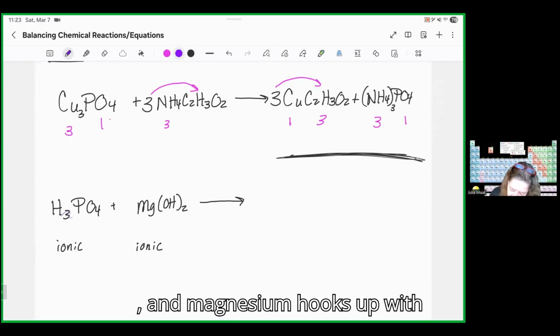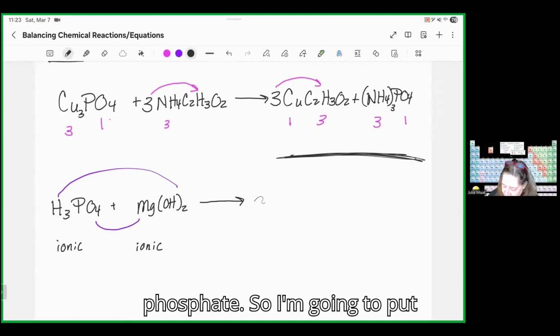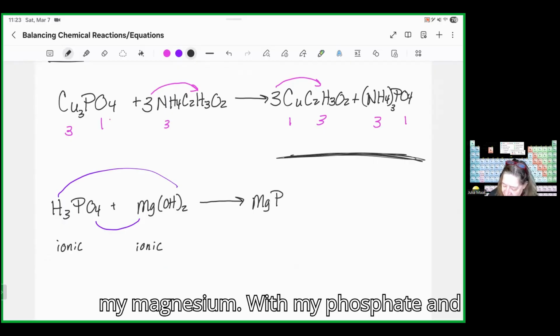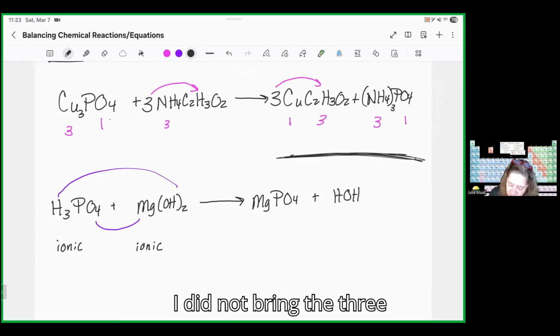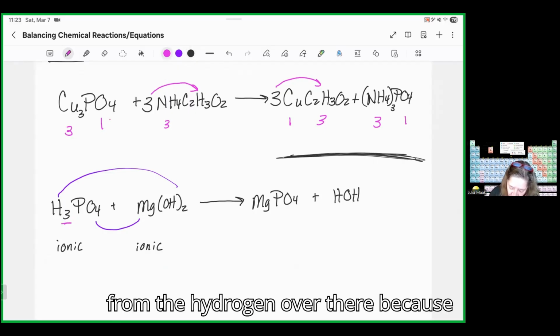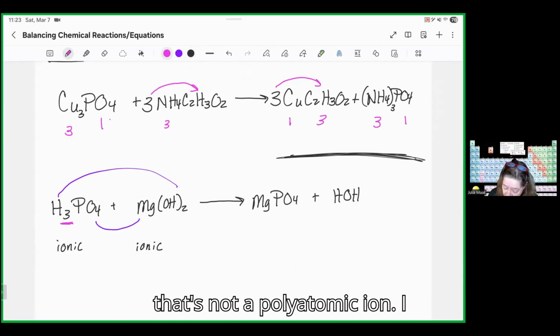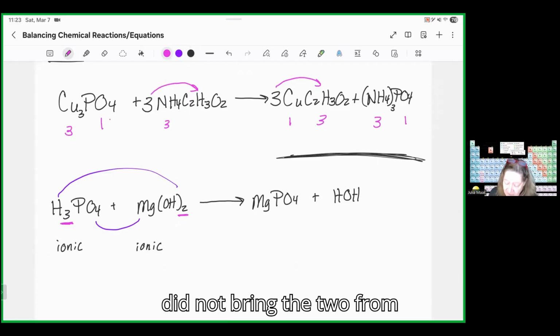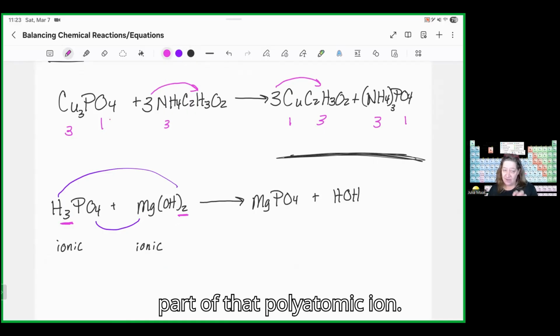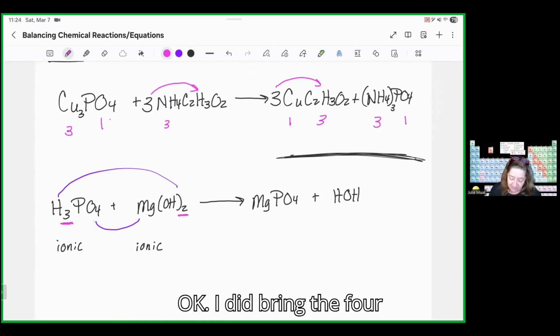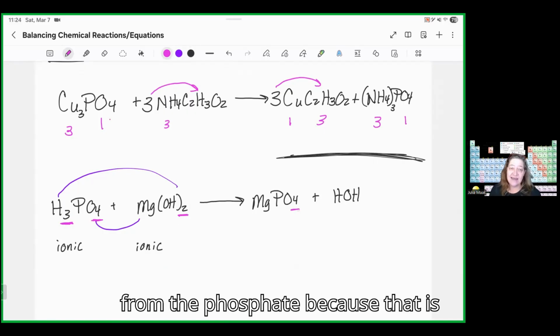So hydrogen hooks up with OH and magnesium hooks up with phosphate. So I'm going to put my magnesium with my phosphate and my H with my OH. Notice I did not bring the 3 from the hydrogen over there because that's not a polyatomic ion. I did not bring the 2 from the hydroxide because that is not part of that polyatomic ion. I did bring the 4 from the phosphate because that is part of the polyatomic ion.